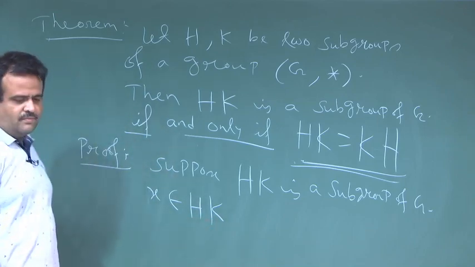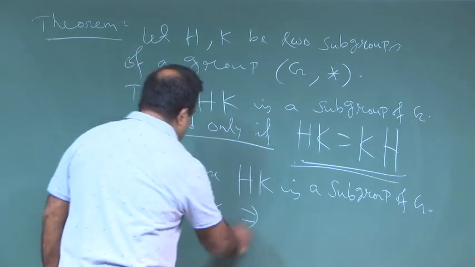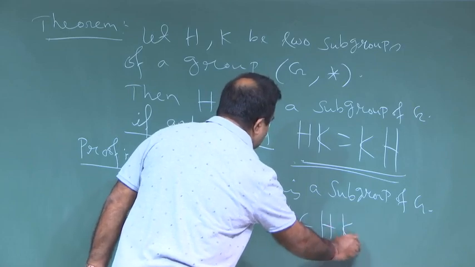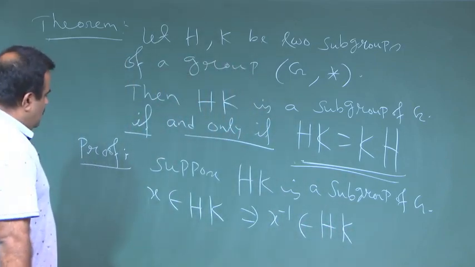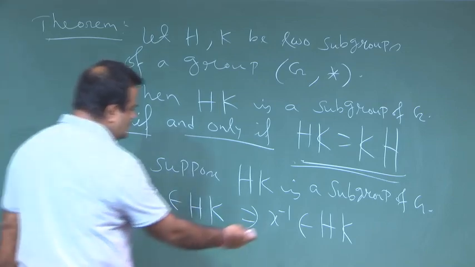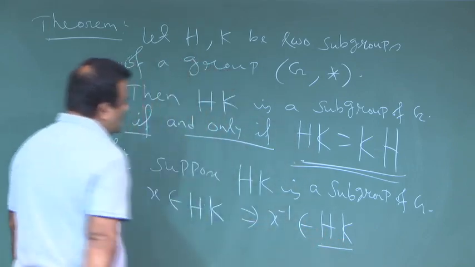So, if you take an element from this set, since this is a group, the inverse exists, and the inverse is also in the group.